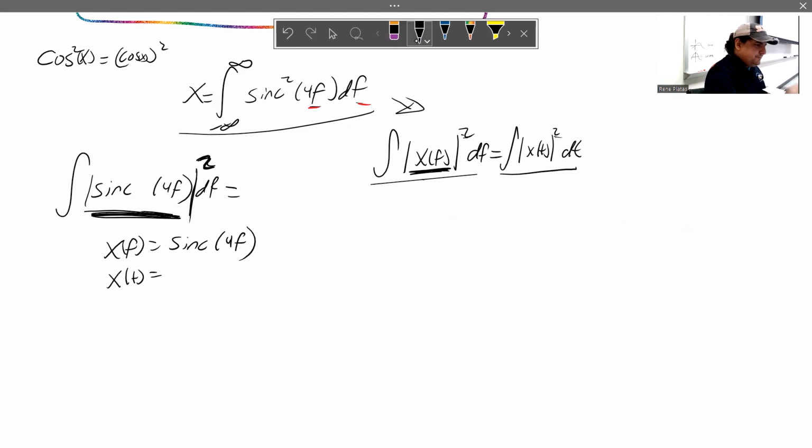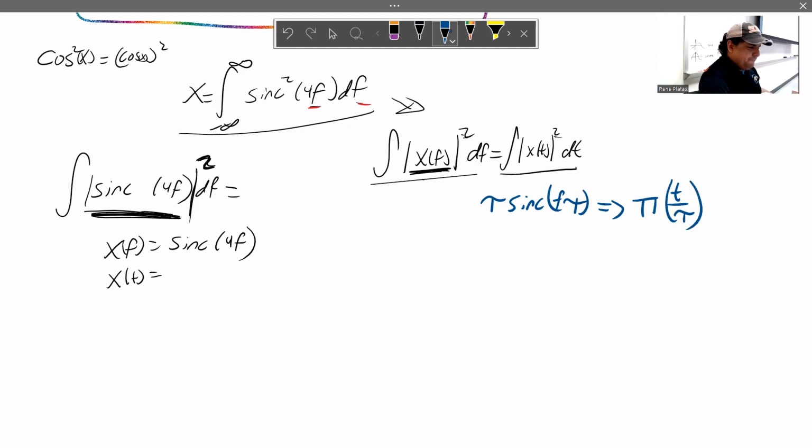Okay. The real one says, because I did it backwards, if it's in the frequency domain, there's a tau sinc(f tau). That's going to turn into big pi of t over tau. So we have our f, we have our tau, which is 4. So this is going to be equal to 1/4 times 4 sinc of 4f.